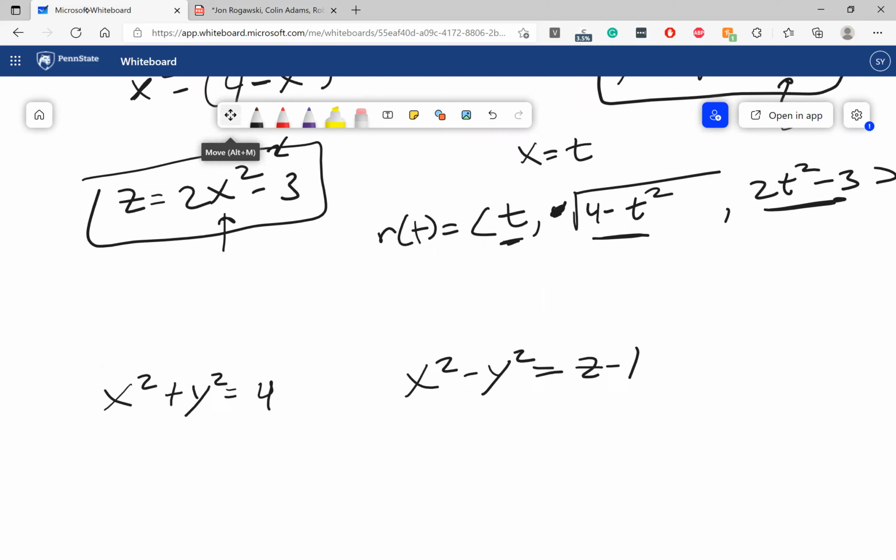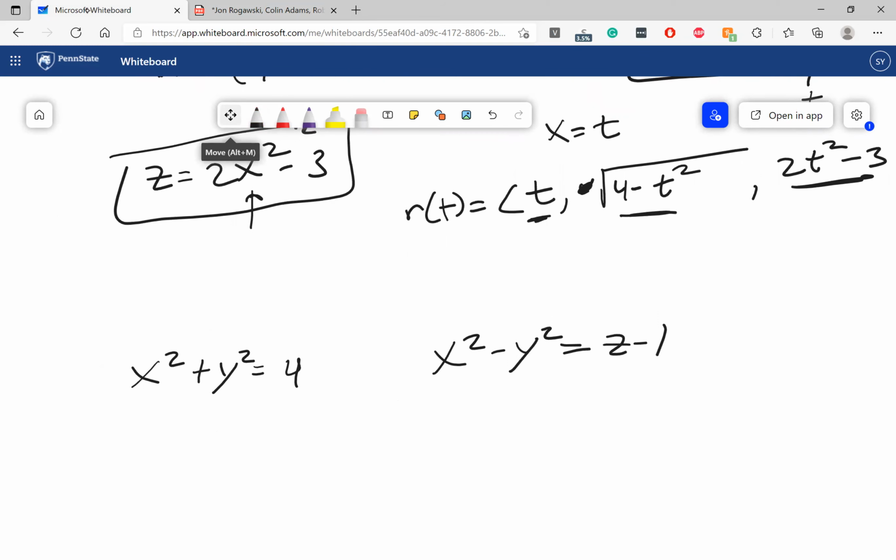So what can we say about x squared? Well, we can say that if I take my x to be 2 cosine of theta, and I take my y to be 2 sine of theta, then this x and this y satisfy this equation over here, right?